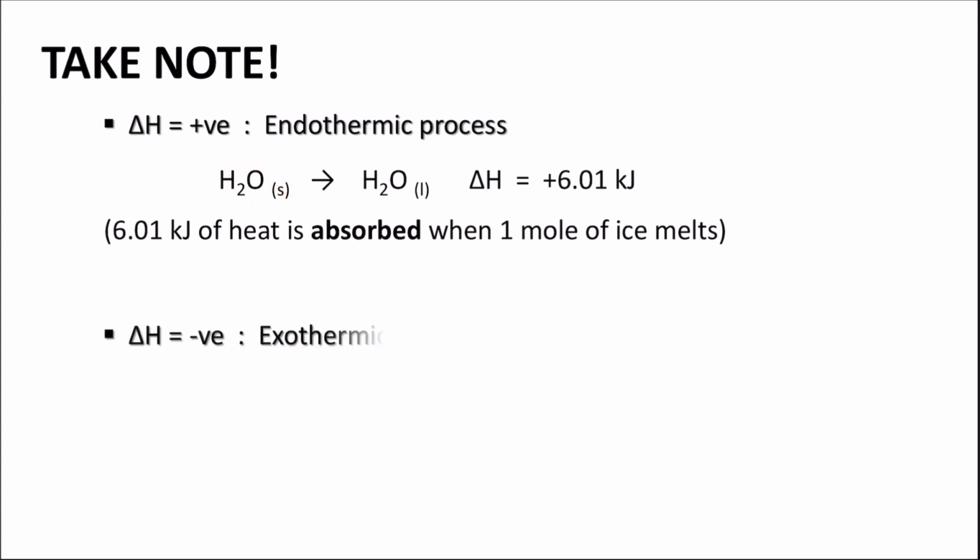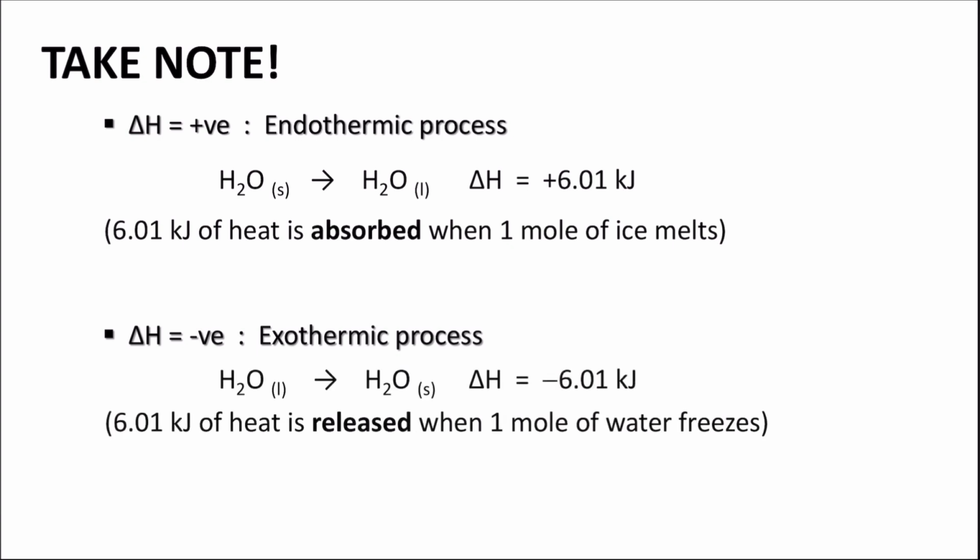And then, kalau delta H is negative value, it means that reaction undergoes exothermic process. Let's say for this one, kita ada 6.01 kJ of heat is released when 1 mole of water freezes. Daripada liquid dia jadi solid. So dia undergo freezing process.